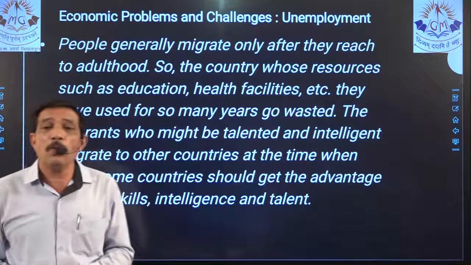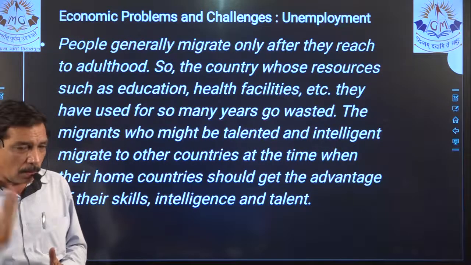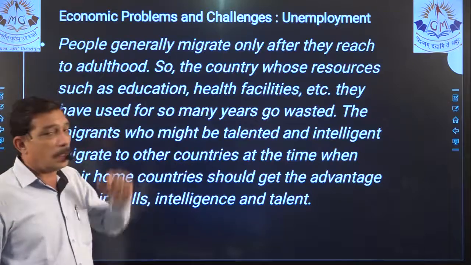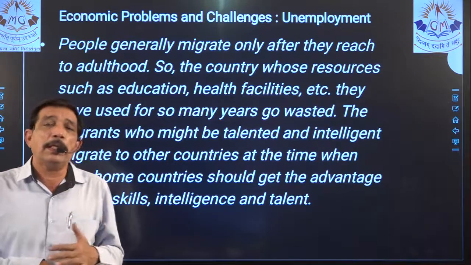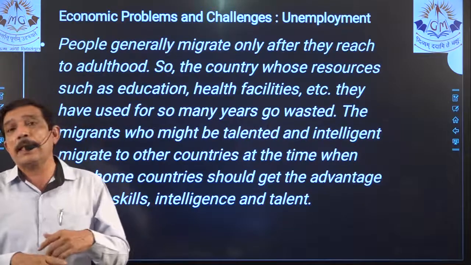People generally migrate only after they reach adulthood. This is a logical point. So the country whose resources such as education, health facilities, etc., they are used for many years, that gets wasted.